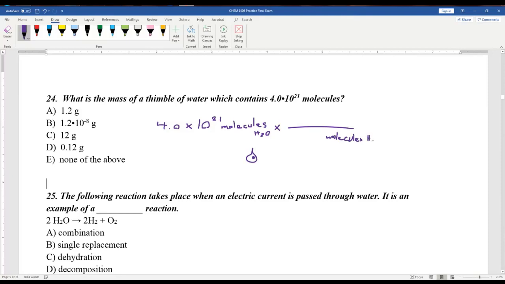What's going to go on top? What can I convert molecules of water to again? Moles. I can't convert it to grams. Yeah, there you go. I have to convert it to moles. Very good. So molecules to moles. And what number goes on top?